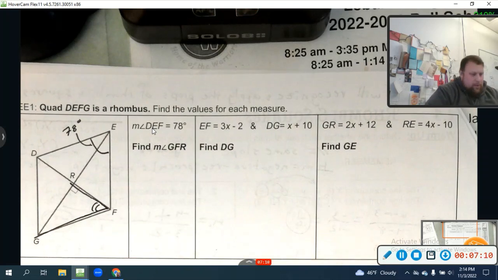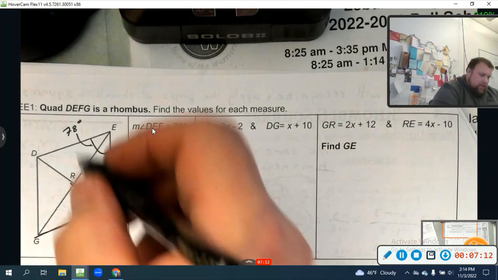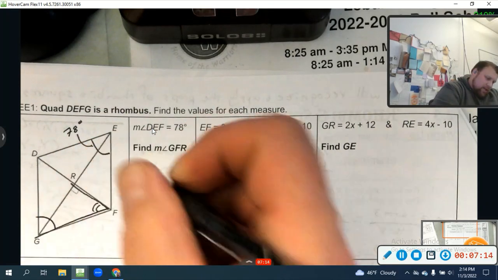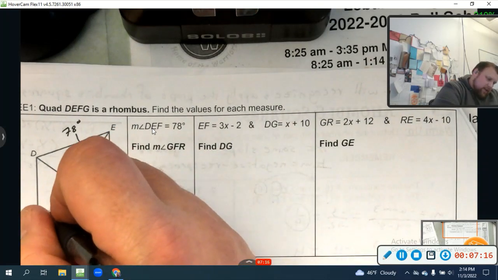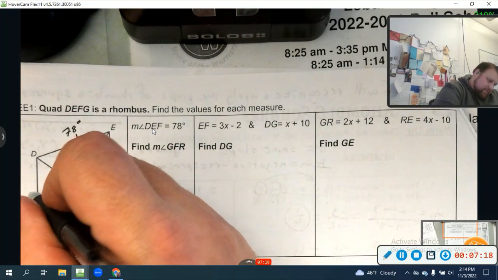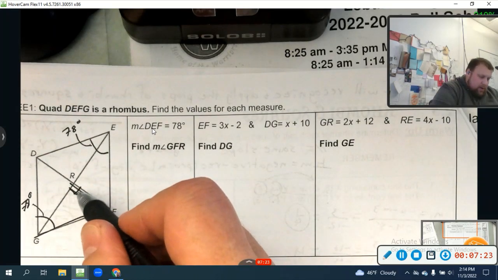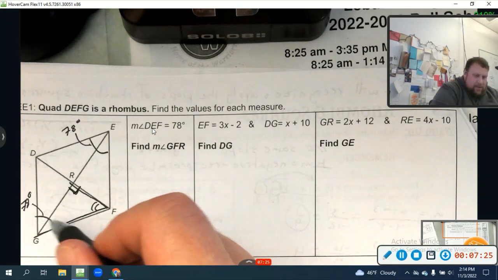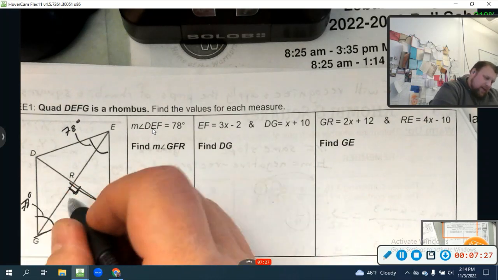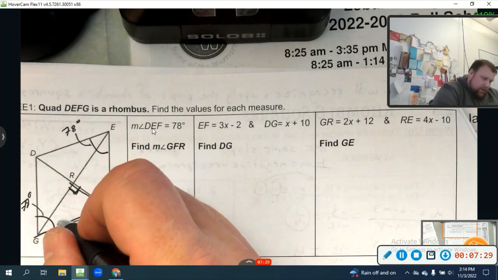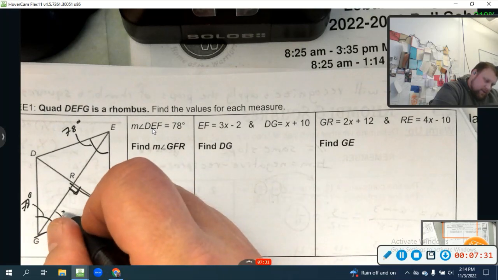I've got a kind of unique way to do that. First of all, if that's 78 degrees, I know that this angle DGF is also 78 degrees. And since this is a perpendicular, we know that this is a rhombus, and therefore this is a bisected angle. So what's half of 78? Let's see, 35 plus 4, 39 degrees. So I know that this half right here is 39 degrees.